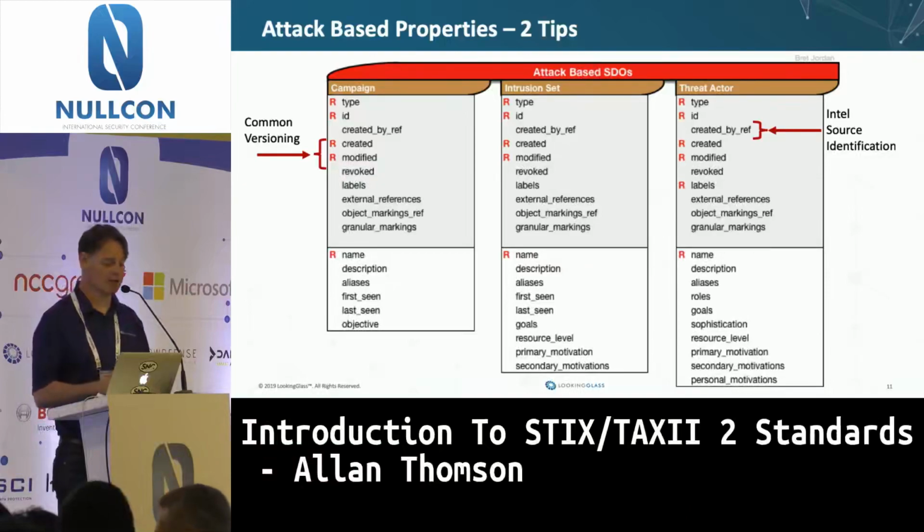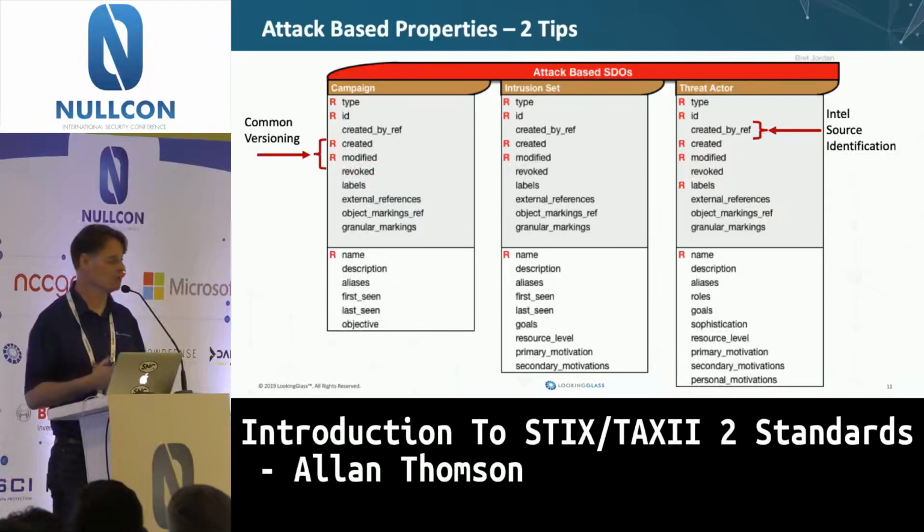The other thing I want to highlight is this simple little property, created by. Operationally, this might seem like just a data property that I fill in or I don't. Well, one of the key things as a practitioner creating or consuming intelligence is where the intelligence comes from.